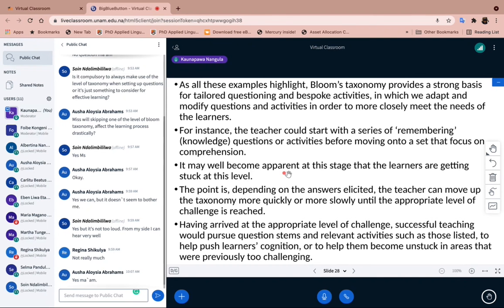Depending on the answers elicited, the teacher can move up the taxonomy more quickly or more slowly until the appropriate level of challenge is reached. I think that is very explanatory. You can always move back to support your learners to bypass a certain cognitive level that they are being challenged on.